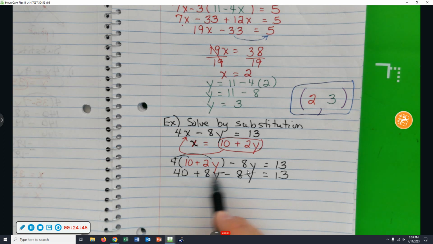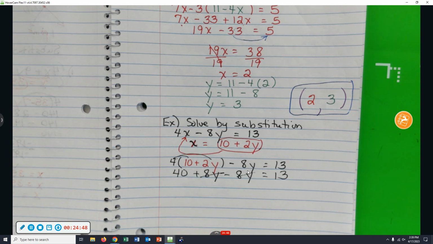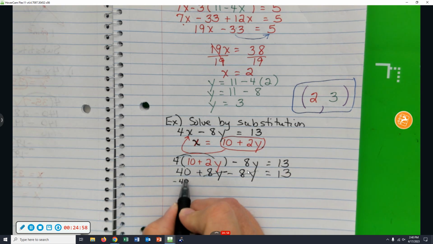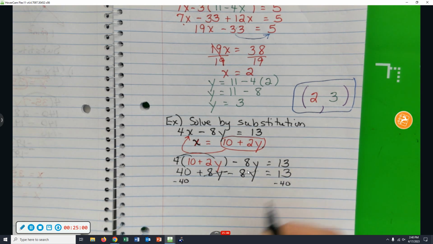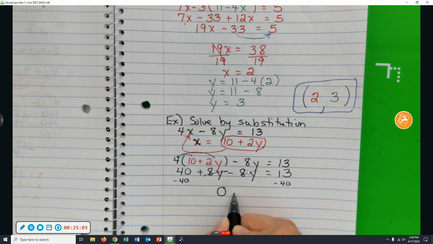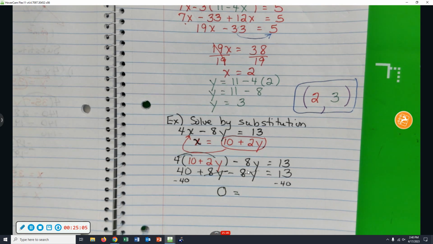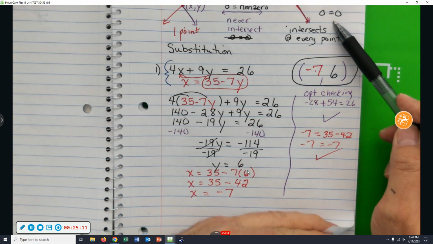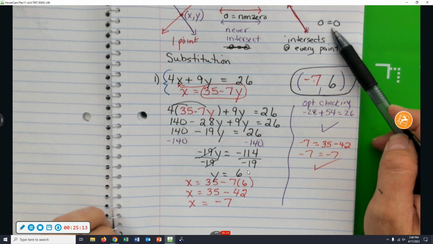Theoretically, y'all could just stop right there. But if you continue on, let's try to get a 0. If we move this 40 over here, we have a 0 on the left, and what do we have on the right? If it's another 0, then it intersects at every point.